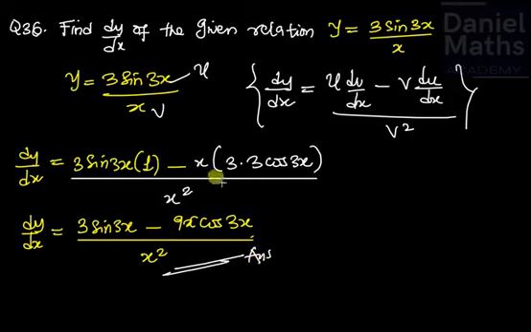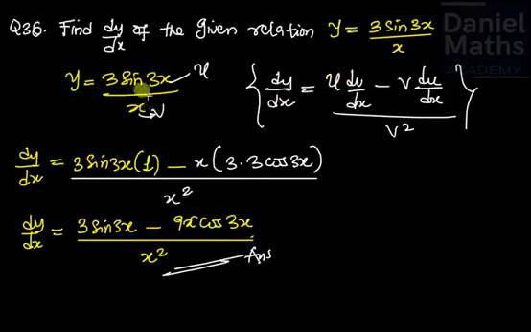All right, so guys, hope you understand this. So take it again: we assume this to be u and we denote this to be v. Once we've done that, we go ahead and apply our formula for the quotient rule, that dy upon dx is equal to u dv over dx minus v du upon dx, all over v squared. So we write our u, which is 3 sine 3x, and then the derivative of v, which is x.